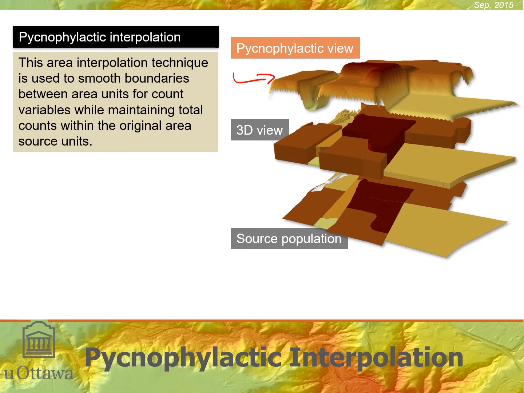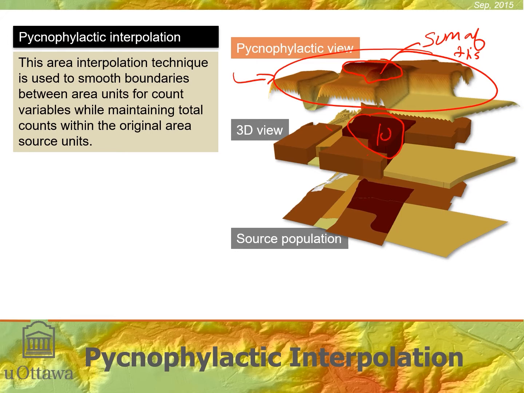So for example, here, just above that, we see this is a pycnophylactic view of the same region. And this polygon right here is represented right here, kind of. And if you sum that within the boundaries of the original polygon, you will get the same number, the same count.